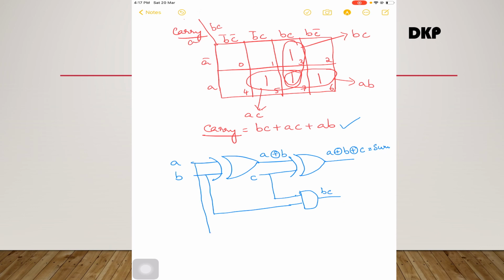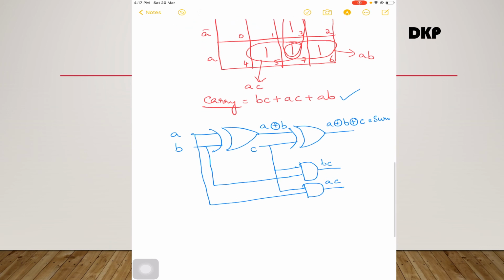Give the inputs A and C to another AND gate to get the output AC. Next, A and B can be given as the input to another AND gate in order to get AB.